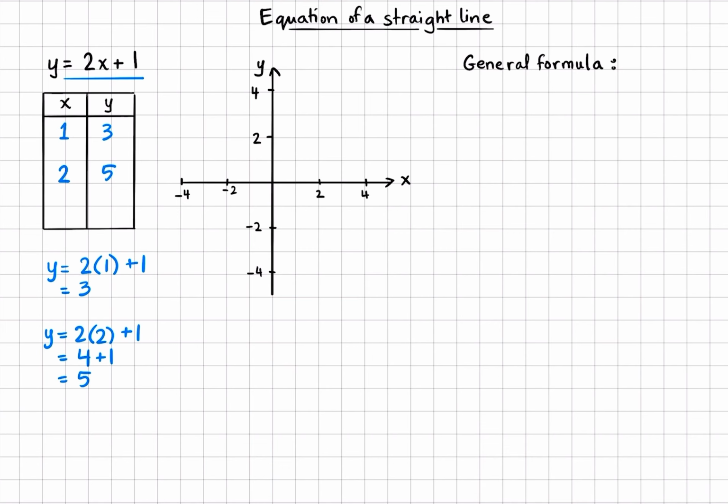So when x is 1, y is 3, which is here. This is 3, and this is x is 1. When x is 2, right here, then y is 5. So if you look up, it's going to be here.